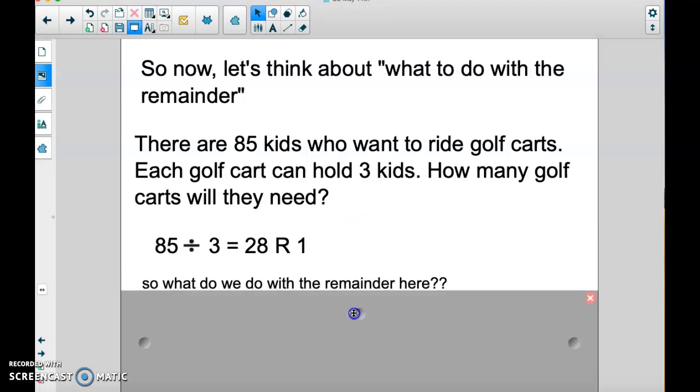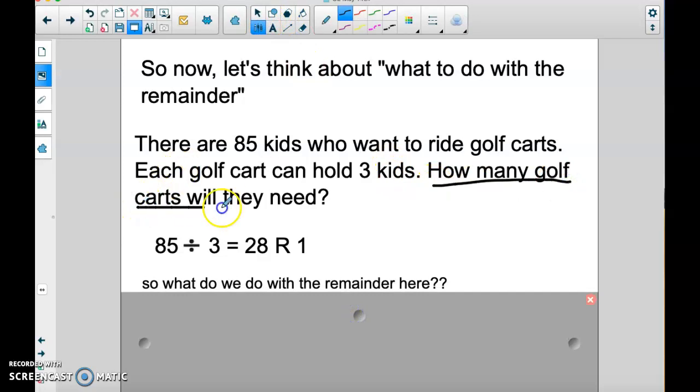But think about what the question's asking. How many golf carts will they need? So we have to account for this remainder here. We can't say the answer would be 28 remainder 1. Would they need 28 golf carts? Well, if we say 28, then the poor one little kid doesn't get to ride in a golf cart.